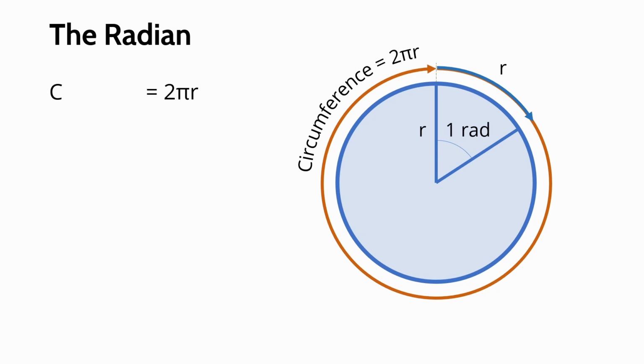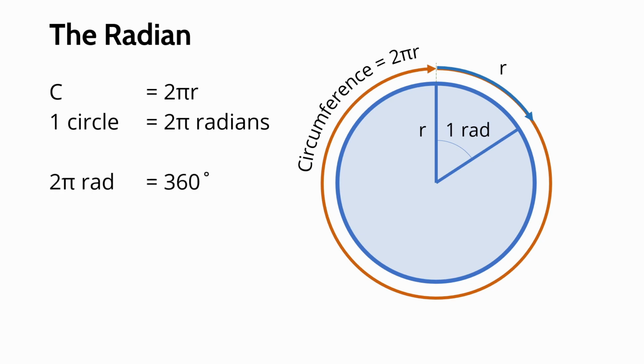So if 1 radian has a length of r, well, 2 pi radians will have a length of 2 pi r. So in other words, one complete circle has 2 pi radians in it. So 2 pi radians is the equivalent of 360 degrees. If we divide that by 2, pi radians is 180 degrees. And pi over 2 radians is 90 degrees.